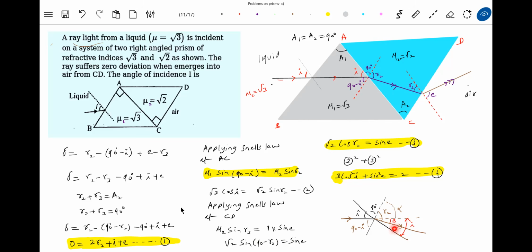Somewhere I should get some relation between the angles. Here I'm trying. This total will be 90 plus R2. 90 plus this angle is R2. This angle will be 90 minus R2.